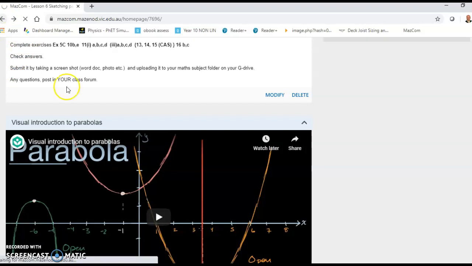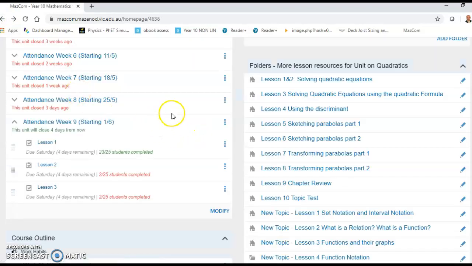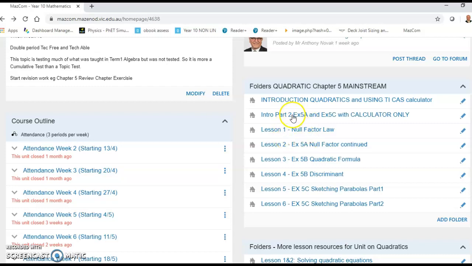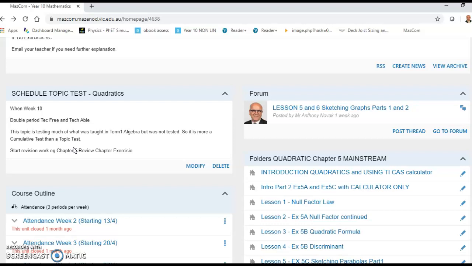Though, as I say, the how to should be very familiar because remember, you've seen it done by the calculator very easily. So it's just a matter of practicing your factorizing, the null factor law, and some common sense like the axis of symmetry in between the x-intercepts.